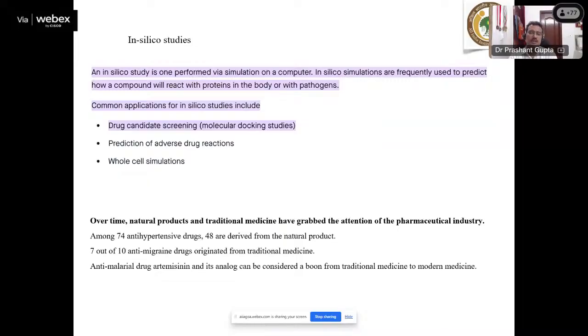Why all this in the last 4 years? When the world got stuck with COVID, the majority of wet labs were not functioning. By wet lab, I mean where we are using pipettes and so on, and dry lab means where we are using computers.